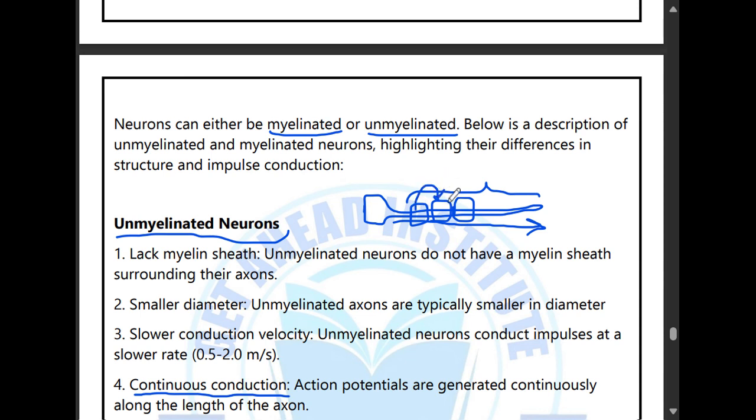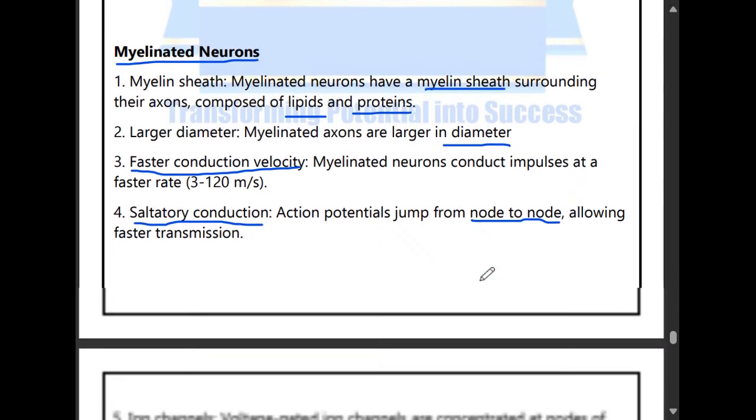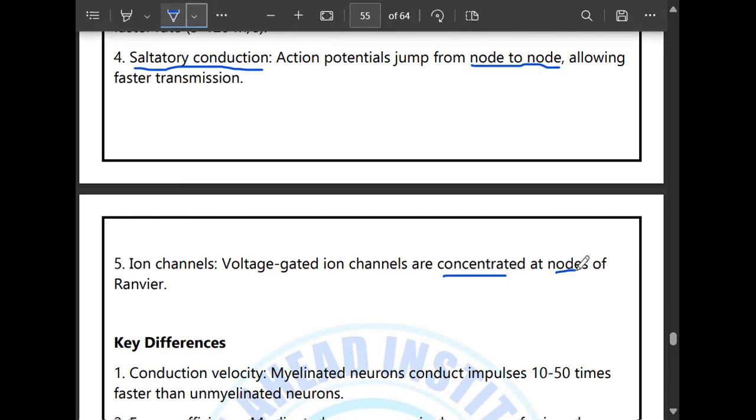Instead of moving along, it jumps like that, so it moves even faster than in continuous conduction. In myelinated axons, the voltage gated channels are concentrated at the nodes of Ranvier.